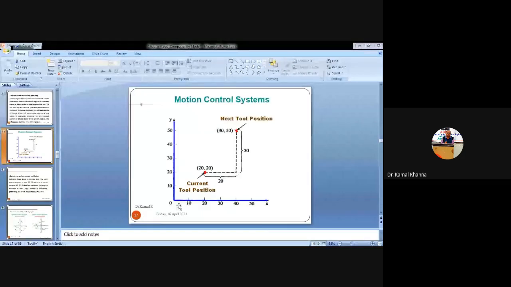So in the absolute coordinate system, we have a single origin and it is always fixed. All positions of the tool are measured with respect to this fixed origin.